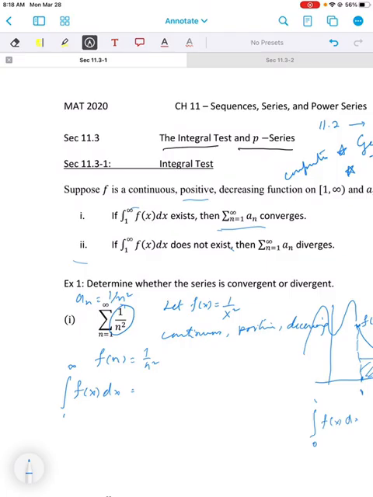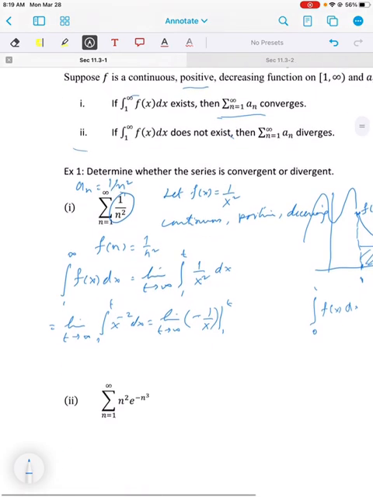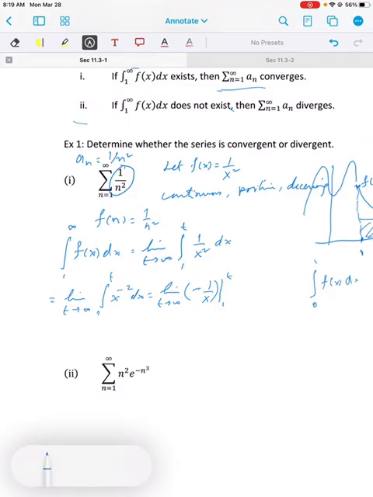Which is the limit as t goes to infinity of the integral from 1 to t of 1 over x squared dx, which is the same thing as the limit as t goes to infinity of the integral of x to the negative 2 dx, from 1 to t, which is x to the minus 1 over minus 1, or minus 1 over x from 1 to t. And now apply the limits.